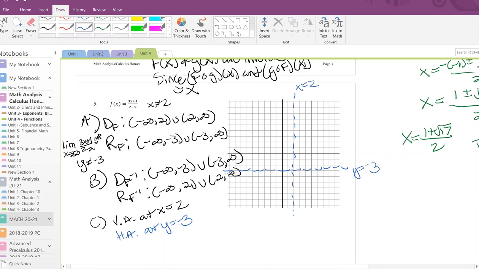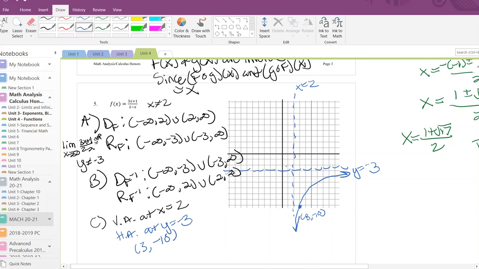Now, if you put in x equals 3, then y equals 10 over -1, so -10, which means there's a point down here. So it's going to follow the vertical asymptote and follow the horizontal asymptote like that.